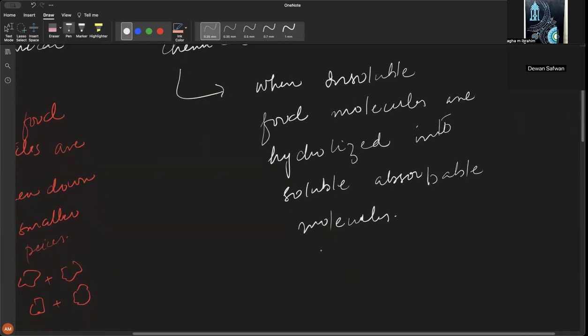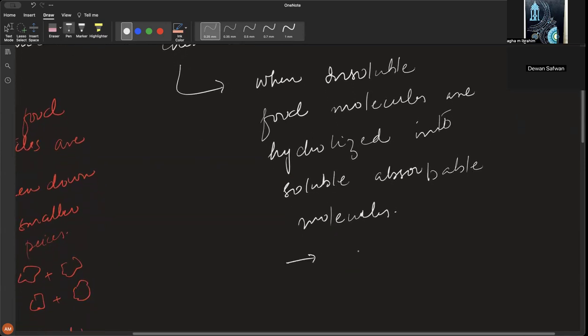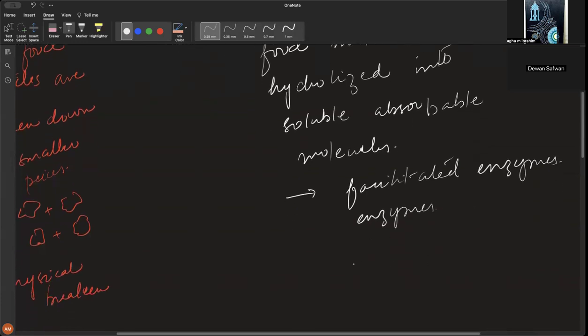Basically, this type of digestion is facilitated by enzymes. Like conversion of starch into maltose, from maltose to glucose is an example of such.